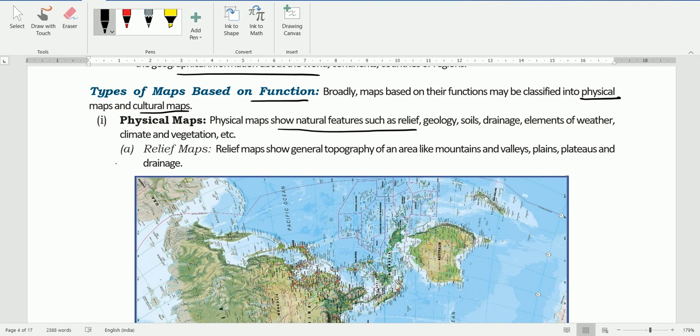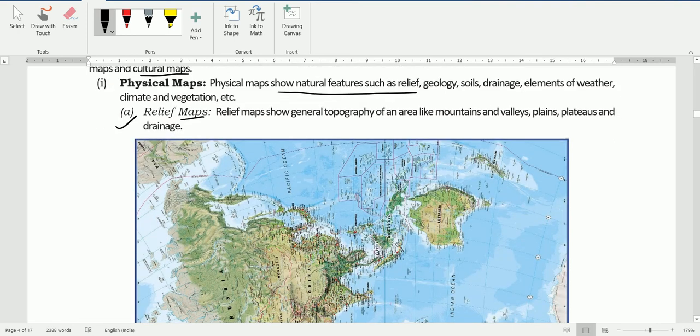The first type of physical map is the relief map. A relief map shows the general topography of an area like mountains, valleys, plains, plateaus, and drainage.